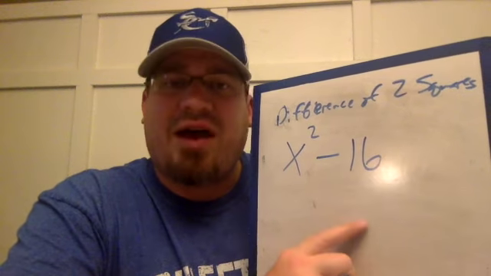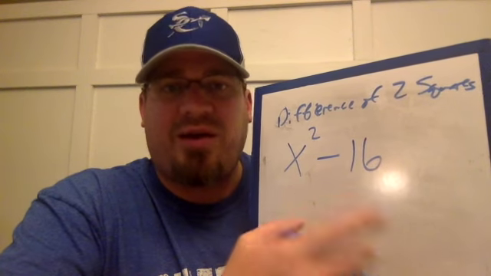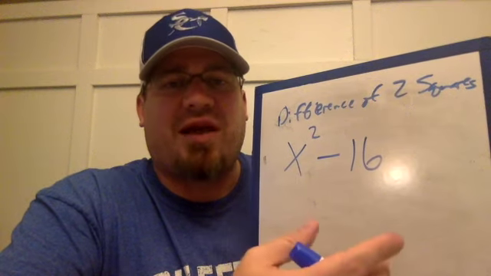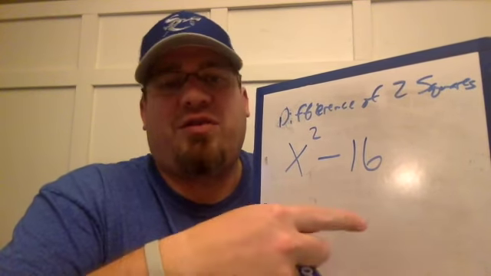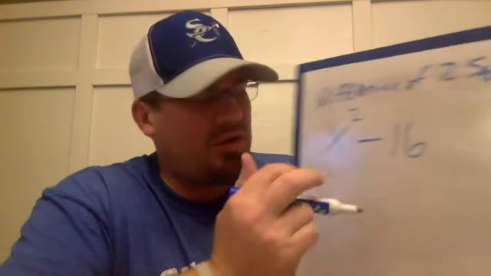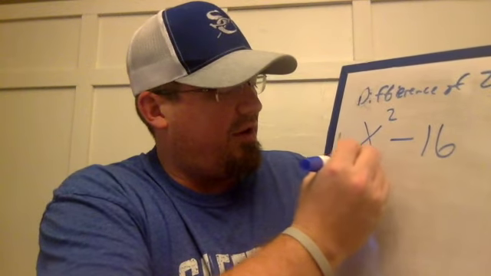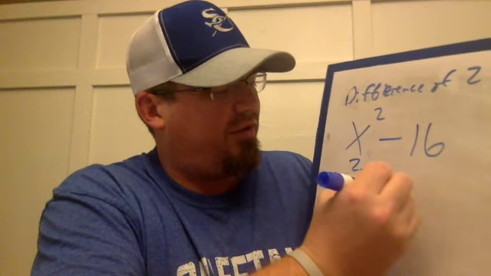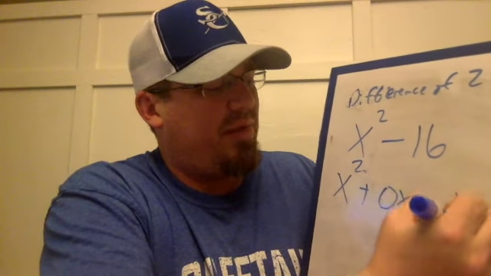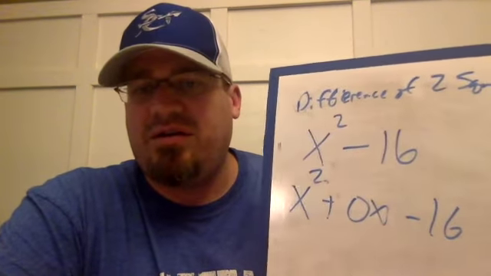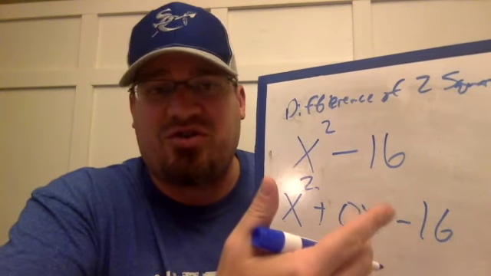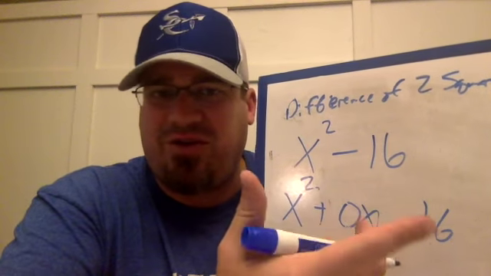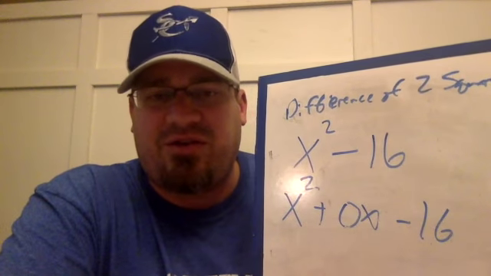Okay, so this is actually the same type of term that we factored last week. You'll notice we only have two terms because the middle term is basically 0. So we can rewrite this as x squared plus 0x minus 16. These two things are the same thing. But 0 times x is just 0, so we don't have to write it, because 0 minus 16 is still negative 16.